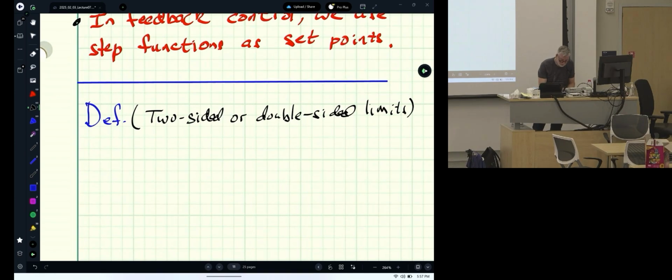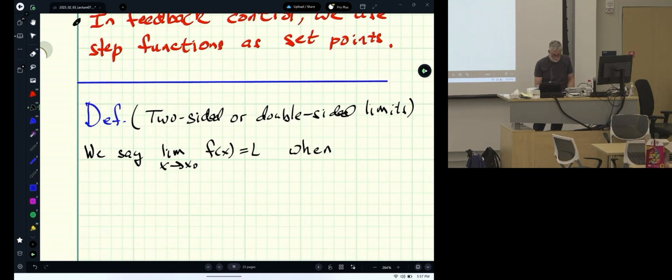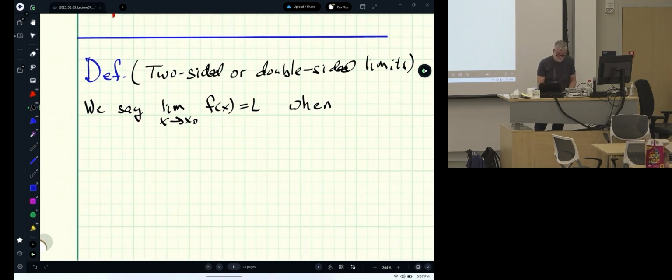Okay, so we say the limit as x goes to x0 of f of x equals L when the two one-sided limits agree.